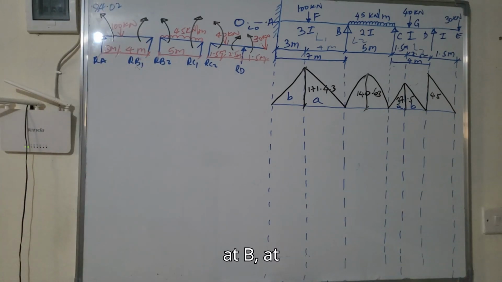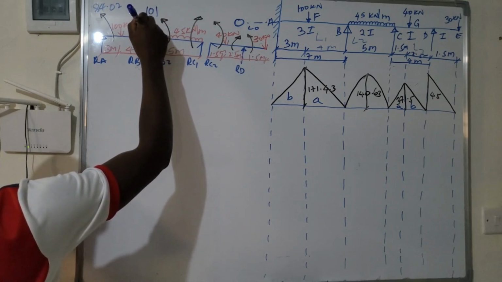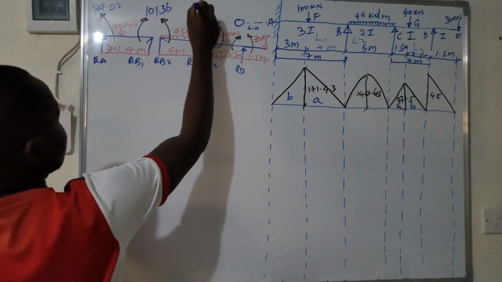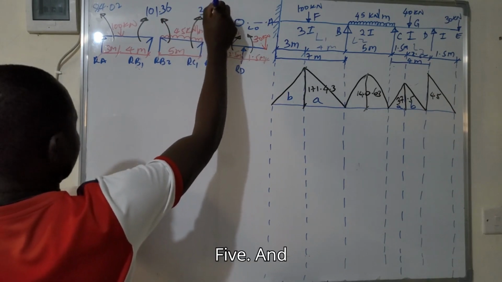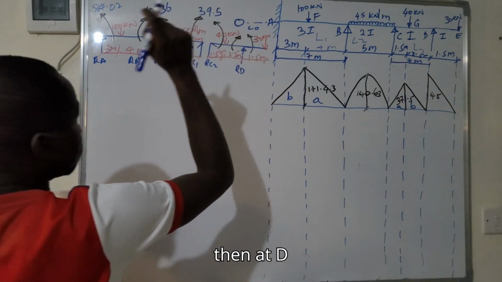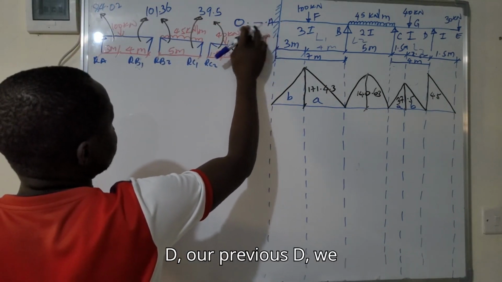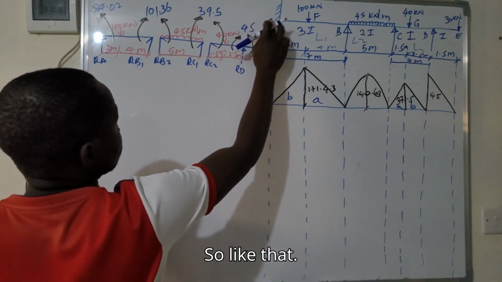And then at B we have 101.36. And then at C, 39.5. And then at D, we have 45. Remember our D, our previous D, we had 45.